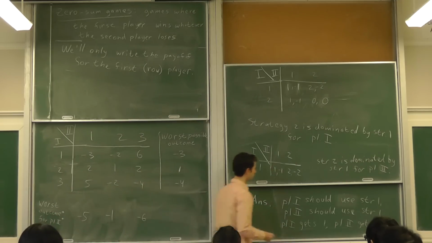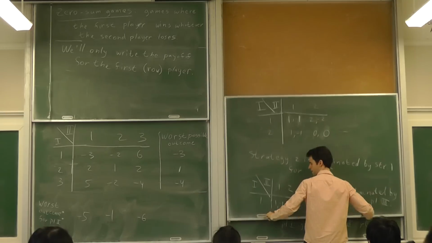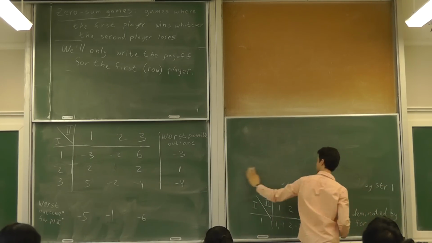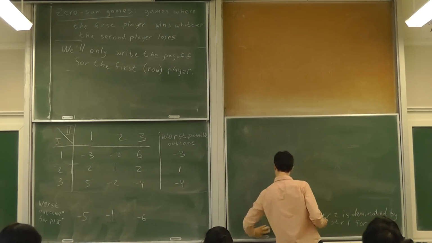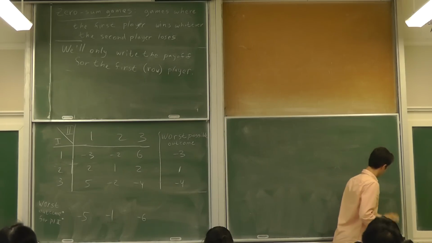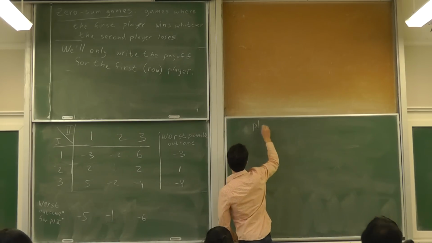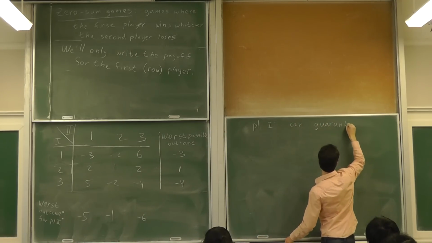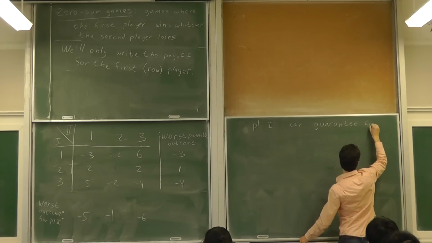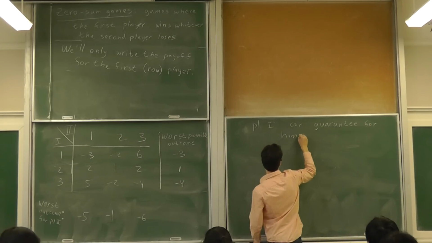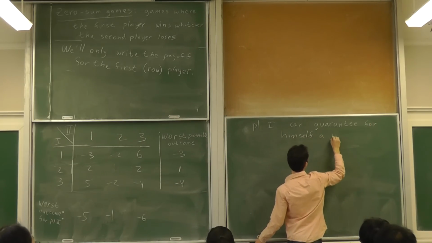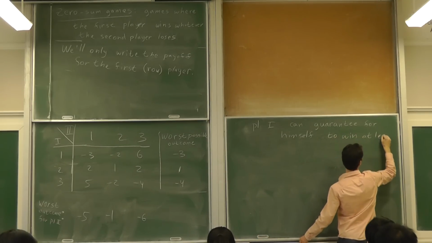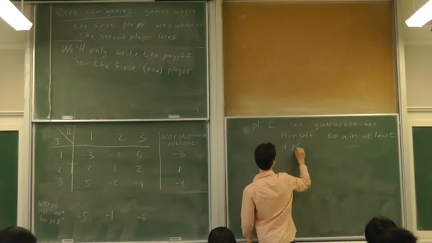So let me write this down. Player 1 can guarantee to himself a victory of at least 1 point.